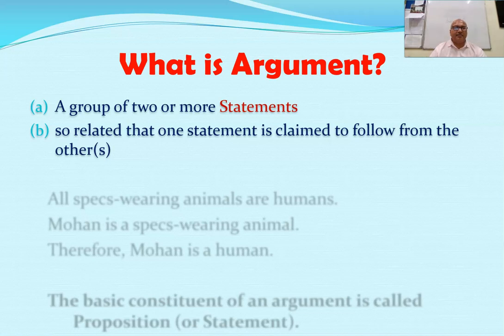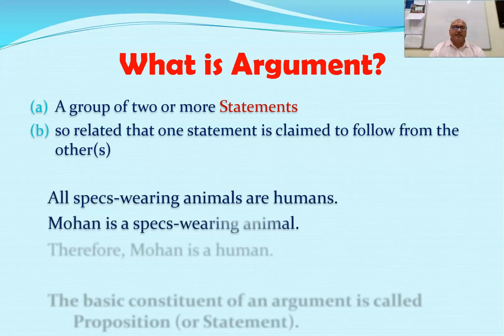Now take an example. Consider: all spectacle-bearing animals are humans. Mohan is a spectacle-bearing animal. Therefore, Mohan is a human. In all these three statements, the last statement is our claim. We are claiming that Mohan is a human.